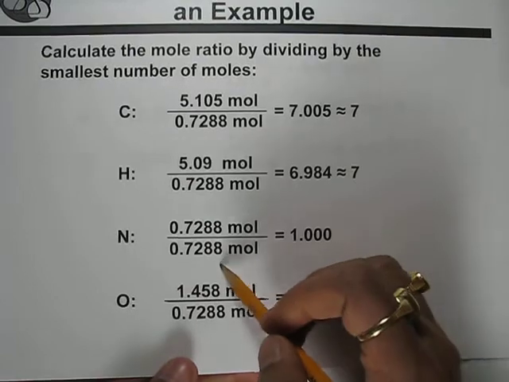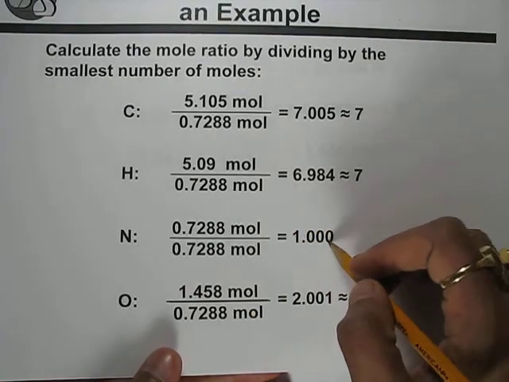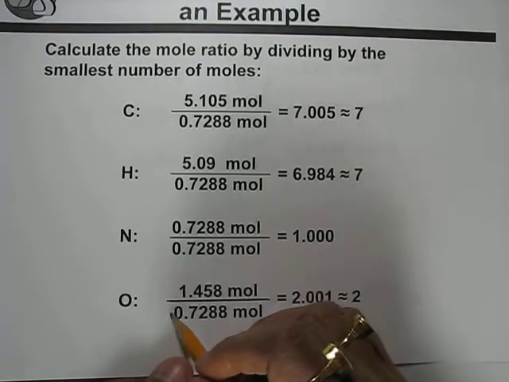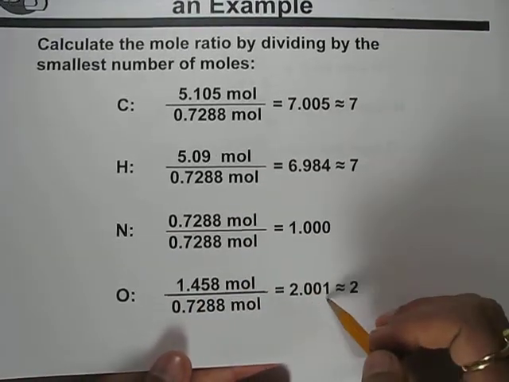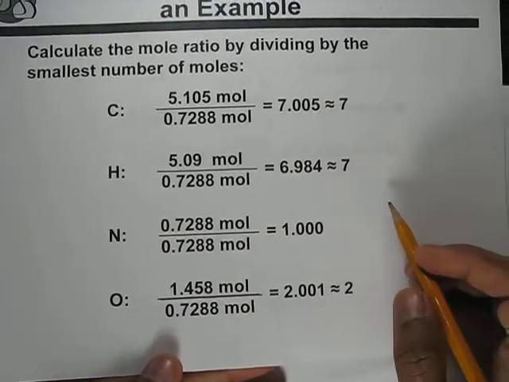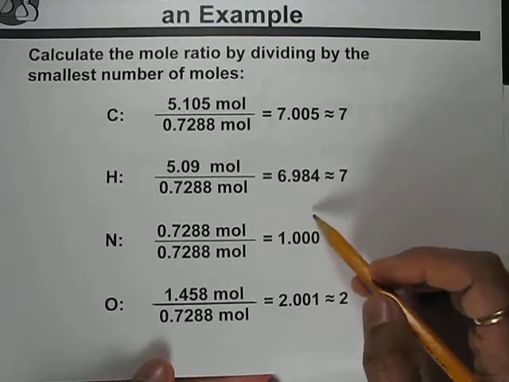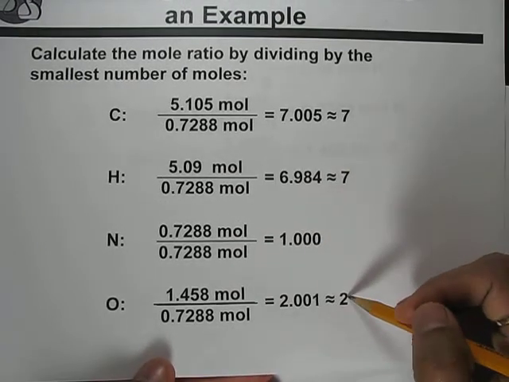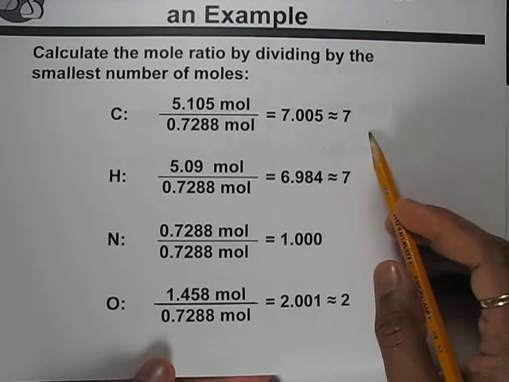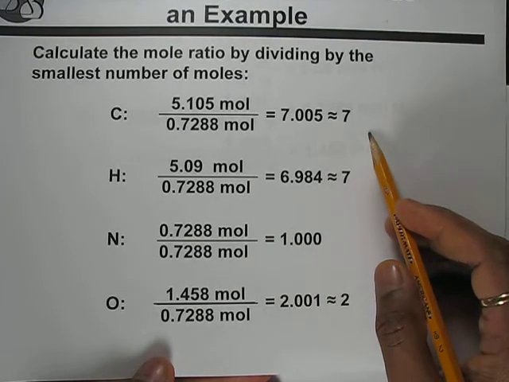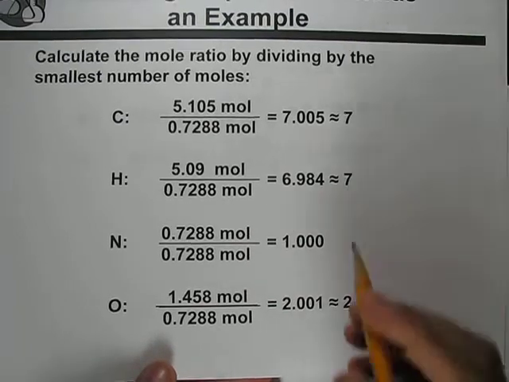Nitrogen mole divided by nitrogen mole will give you 1, and then oxygen mole divided by nitrogen mole will give you around 2. So now we know the ratio of each mole is 2 oxygen, 1 nitrogen, 7 hydrogen and 7 carbon.